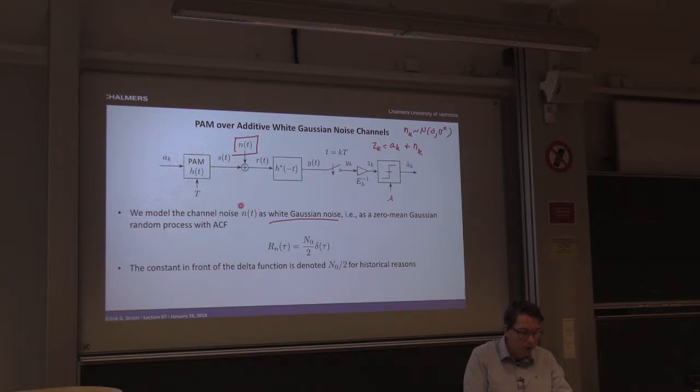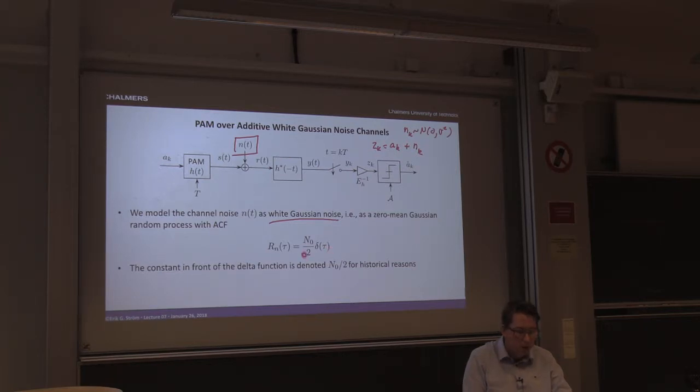First of all, it's a random process, and we will talk about what the random process is later, but essentially it's a sequence of random variables. And all of these random variables are zero mean Gaussian, and it has an autocorrelation function which is equal to this, and we will talk about what the autocorrelation function is in a second.